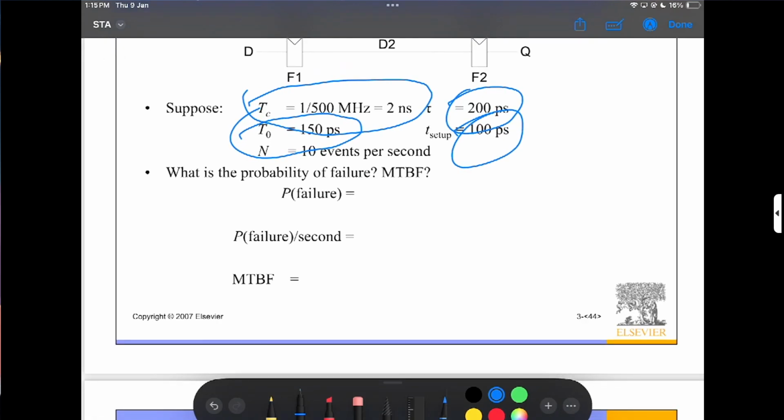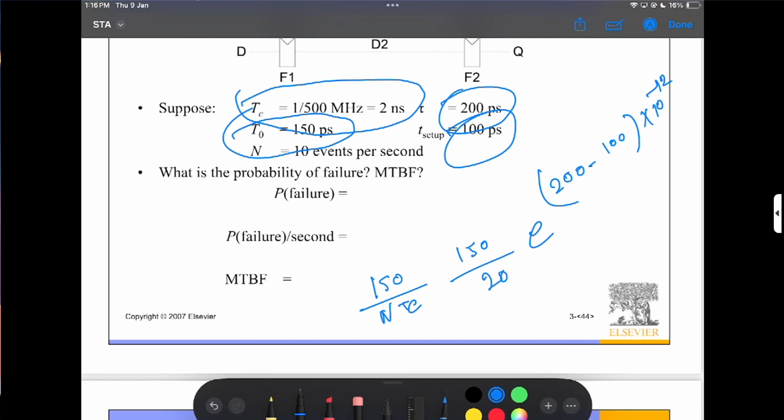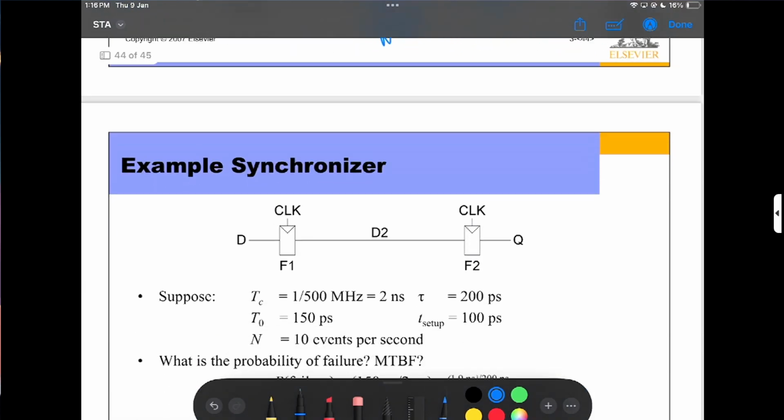So my MTBF is Tc by n T naught, times e to the power (Tc minus 100 into 10 to the minus 12) by tau. I think these are my conditions.